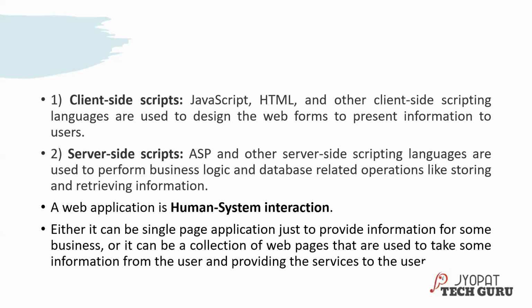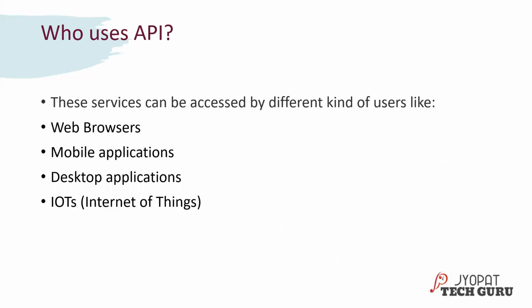So these are the basic things about web applications. We have web applications which are already running in the entire industry. Many technologies are used to build and host web applications. We have different types of client side scripts as well as server side scripts, which help us to build and develop these web applications.